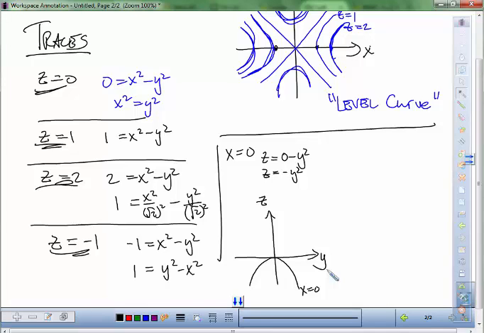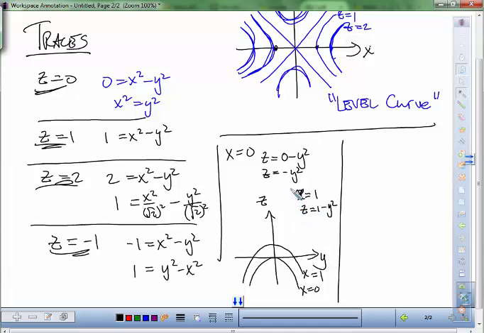That's 0, but we can have other traces as well. Let's let x equal 1. What is this going to be? Z is equal to 1 minus y squared. What is this? Parabola? Still an upside down parabola, but what happened? Shifted up or down? Up 1. So x is equal to 1.